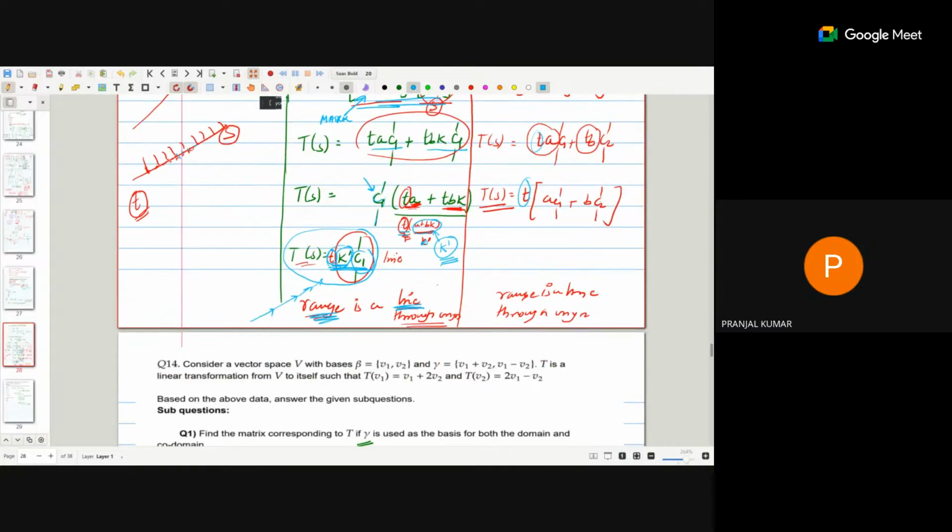Now tell me, is this a single vector? On adding these two vectors, I will get a single vector. This is not a linear combination because these a and b are fixed. They are not changing. So this will give you a resultant vector. So this is basically t times of R. Is this clear? So again, in this case also, the range is a line through origin.